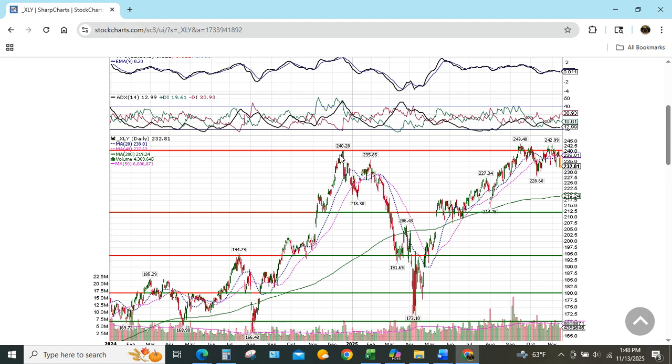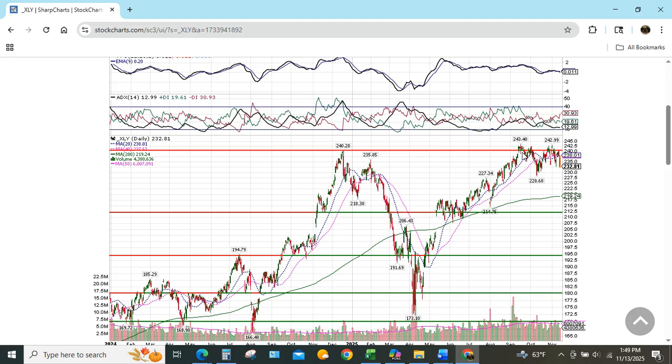And you can see it hit a high of like 240 in December 24, and then it tested it in September of this year, and it couldn't really stay above it for very long. And then in October, November, it tested it again, and it again kind of failed. And so you can see how important some of these levels can be.